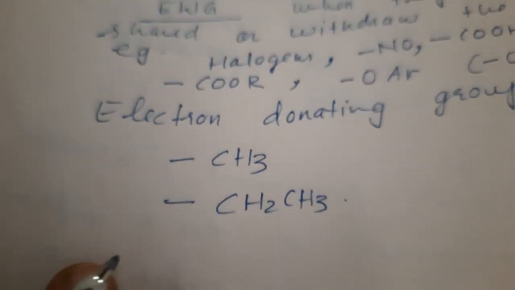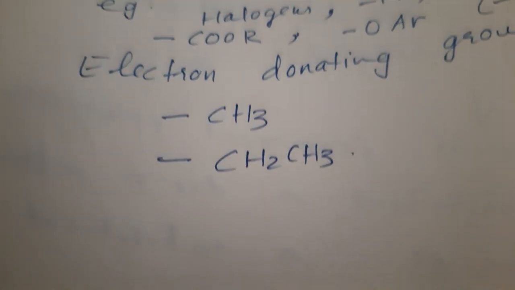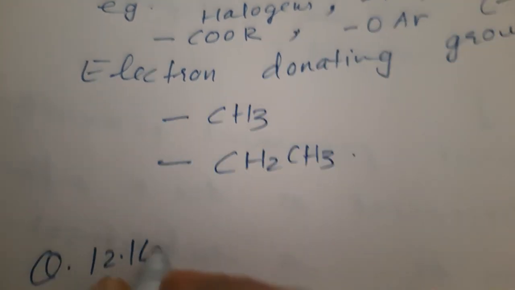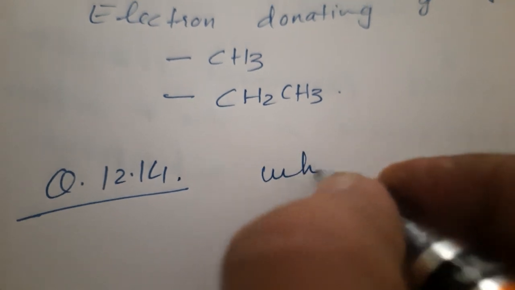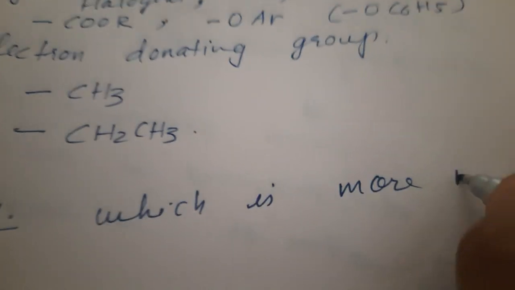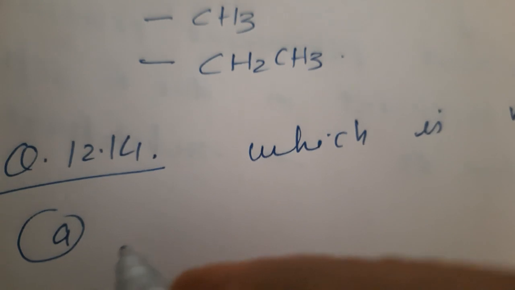One example is solved in the book. Question number 12.14, solved example: which is more polar? The first one is CH3H and CH3Br.